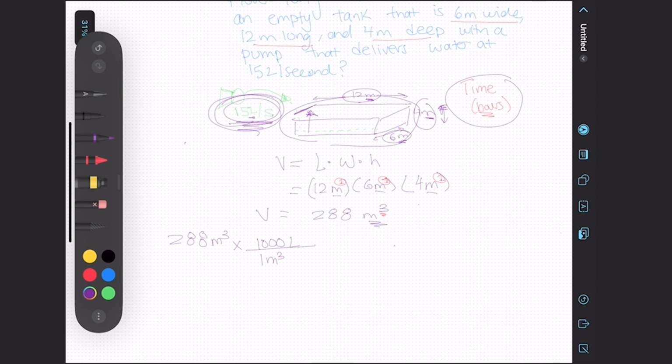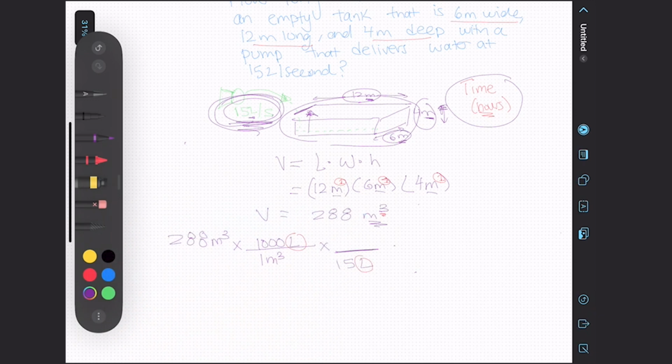Now, before I do that, I'm just going to continue my dimensional analysis. So we know 288 meters cubed, and I'm converting this to liters. Now, I want to bring this number in. We know that the pump rate is 15 liters per second. So I'm going to put my liters at the bottom so that we can eventually cancel these liters out.